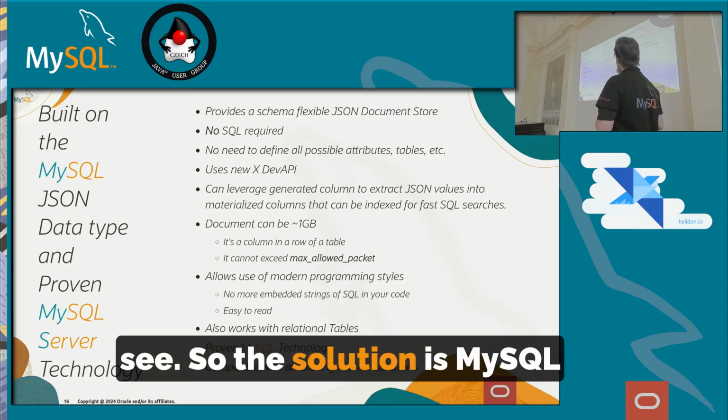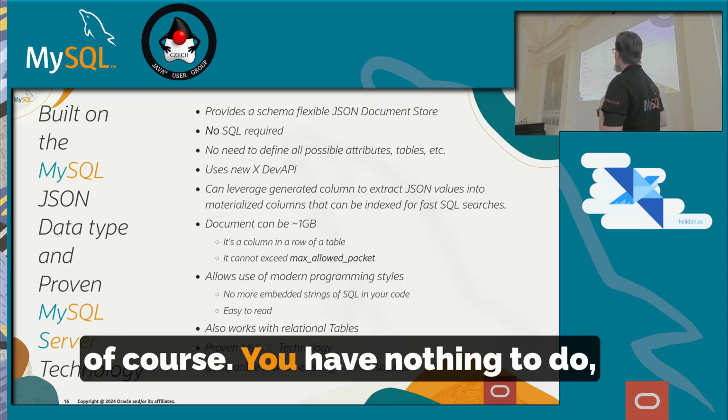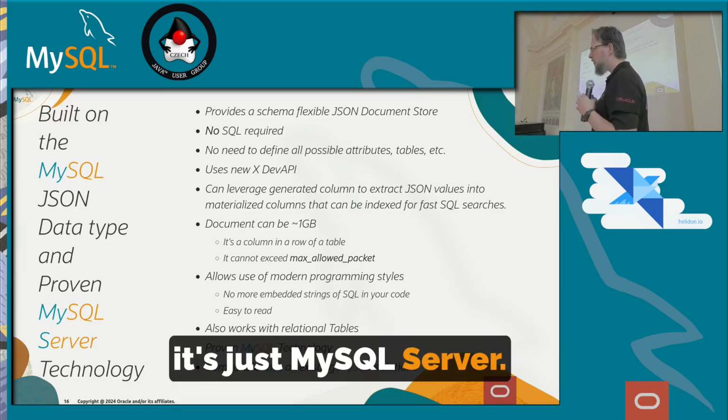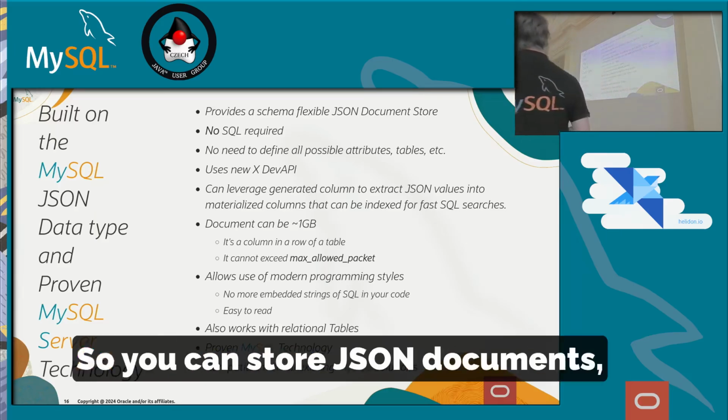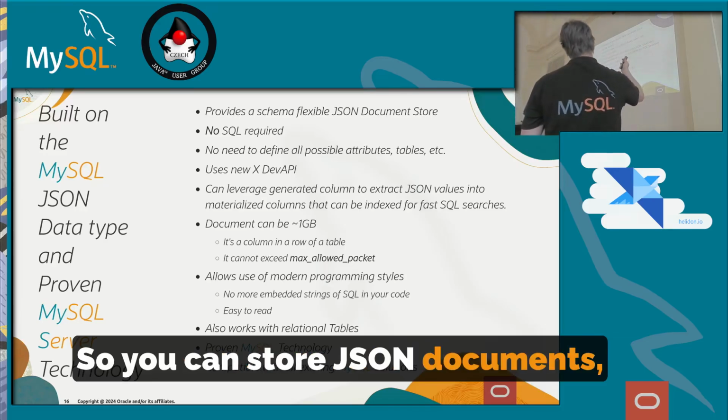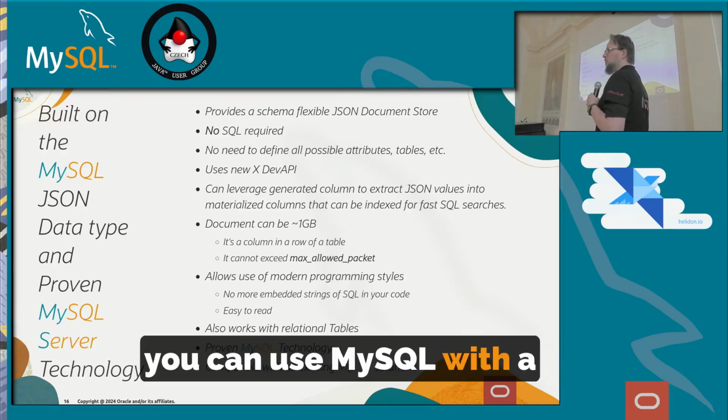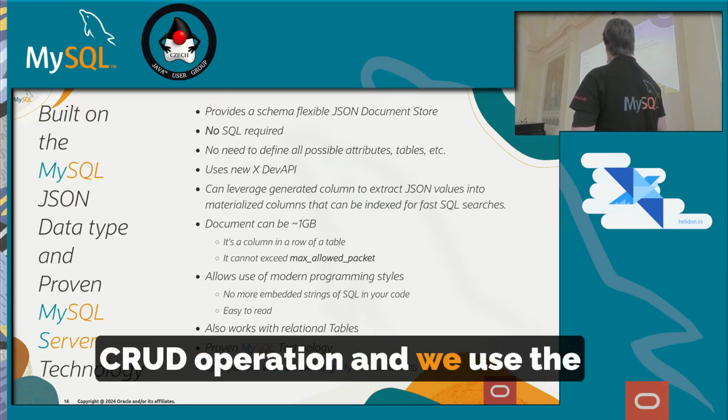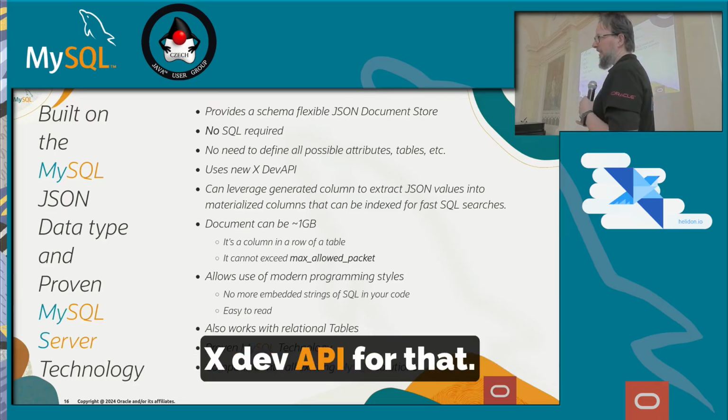So the solution is MySQL, of course. You have nothing to do. It's just MySQL server, you install it, and you have it. So you can store JSON documents, you can use MySQL with CRUD operations, and we use the X DevAPI for that.